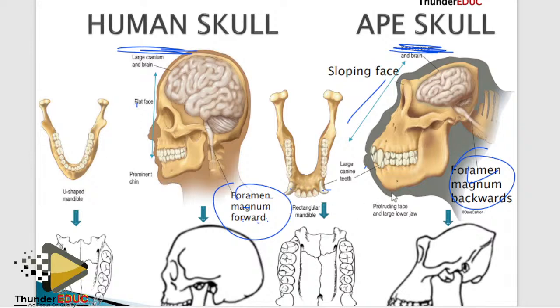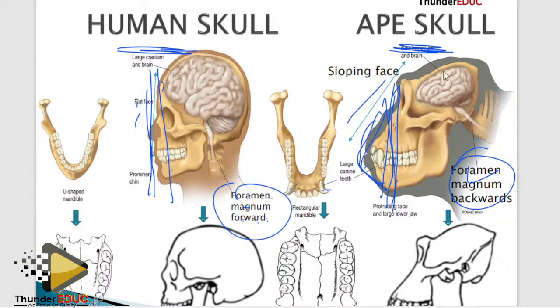Look at the jaws here. The jaws are protruding out. If I draw the line here, you see that the protrusion is too much, while here it is just straight. So this is the protrusion of these jaws.